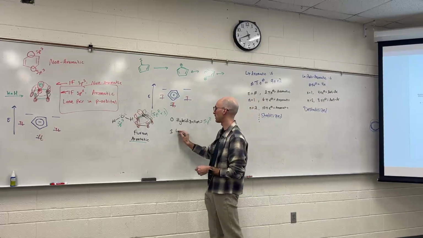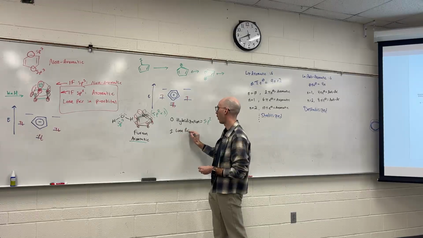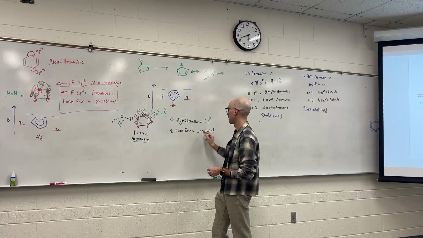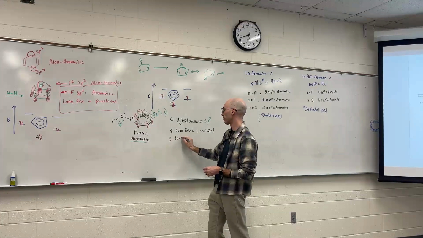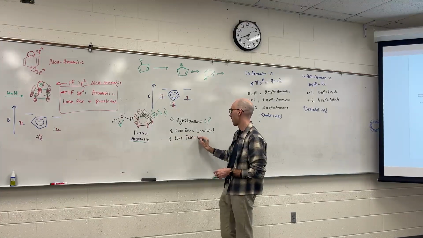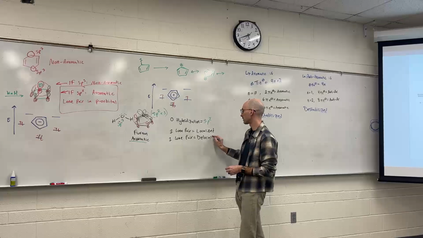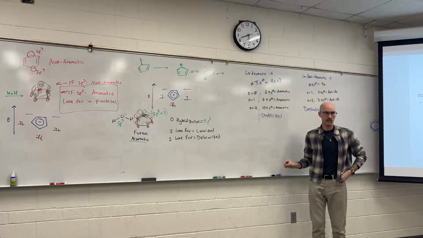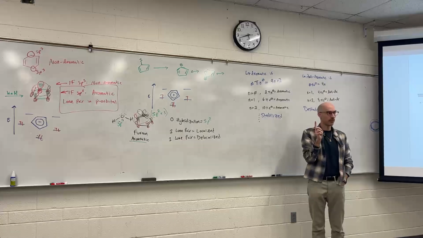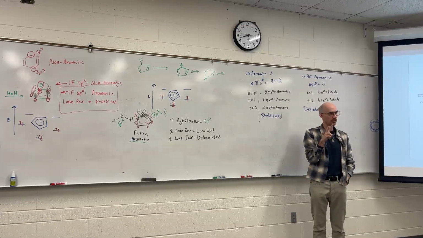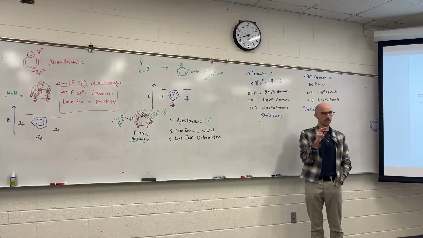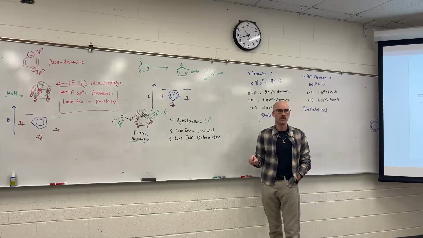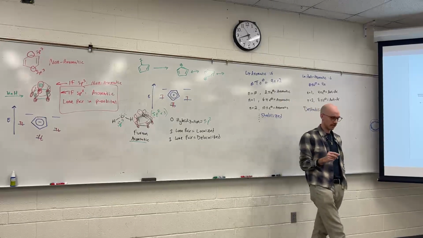So we describe this as one lone pair being localized and the other lone pair being delocalized. I've put one lone pair in red and I've put one lone pair in green. Can you tell me which color correlates to which description? Green is localized. Good.